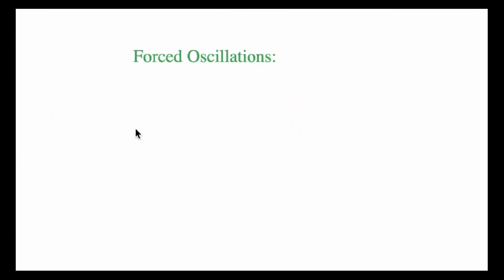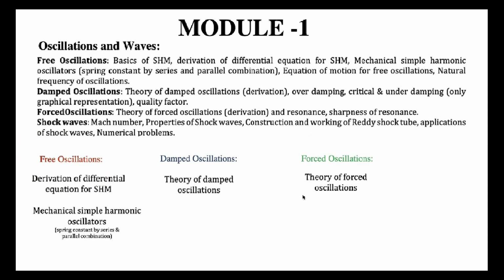Next, forced oscillation. In this chapter, you should not skip the derivation part, that is the forced oscillation derivation. This is an important derivation for 10 marks. It is a very lengthy derivation. You can expect a straight away 10 marks derivation from forced oscillation.